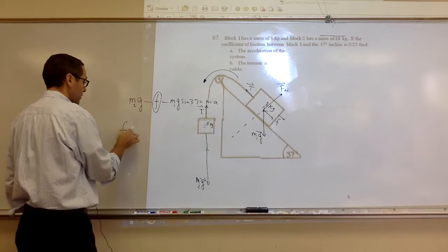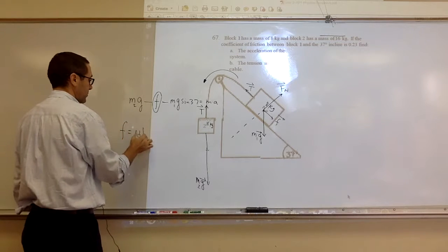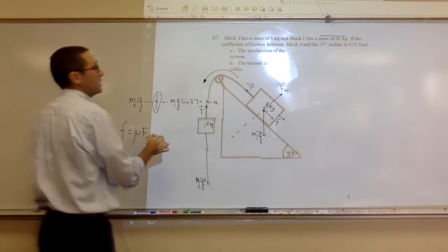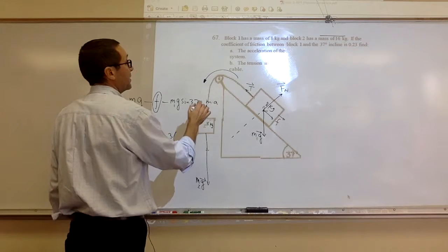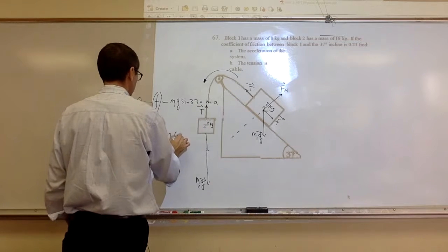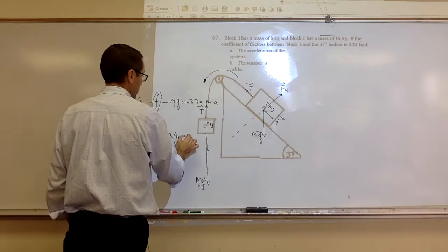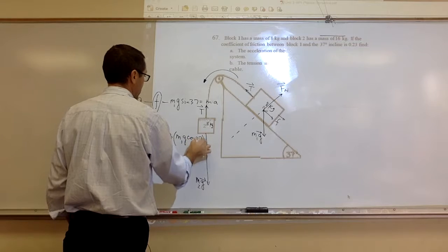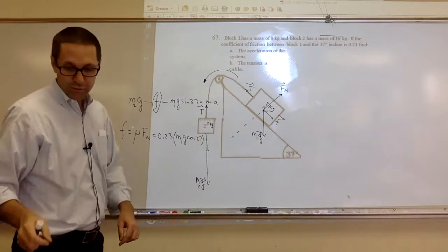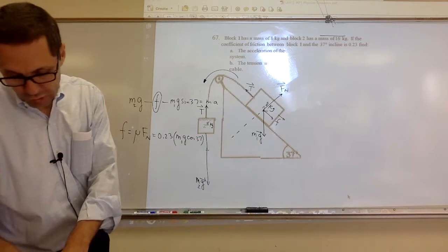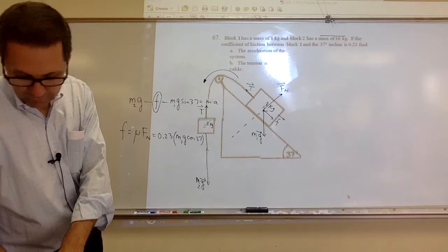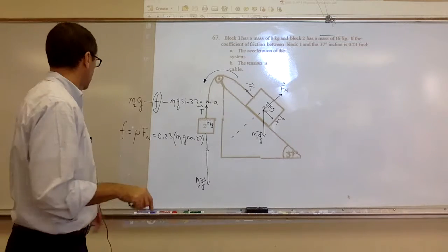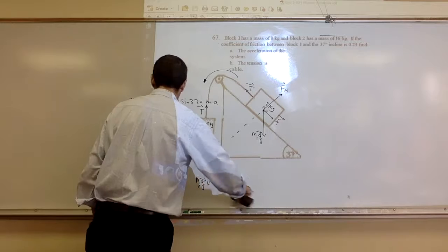So the force of friction is mu times Fn. And that's going to be 0.23. And the Fn is m1 g cosine of 37 degrees. Right? So the force of friction, I didn't calculate that here, but you can always do the math because you have everything.